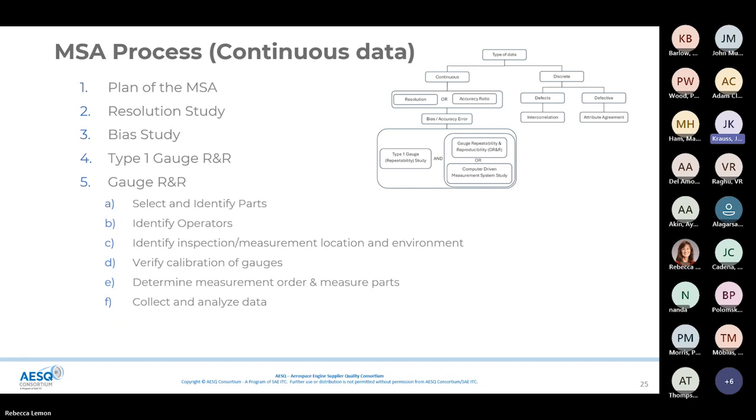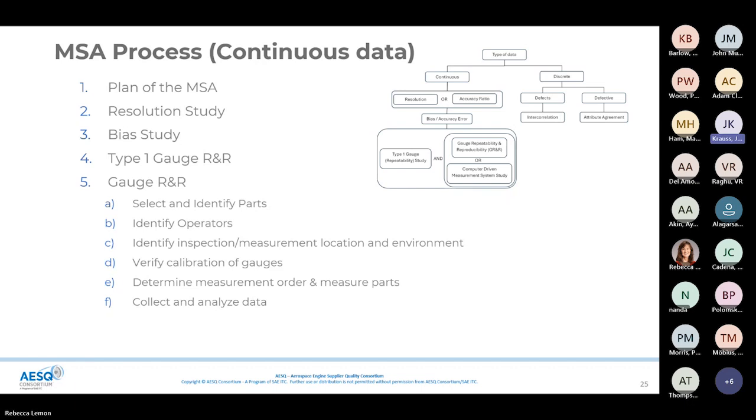So step one, the most important part of any MSA, is planning of it, making sure your operators are skilled, the gauge is the correct gauge, as Anna was stating earlier, the part variation that you need to conduct the study, and there's quite a few other factors that go into that. But planning is definitely the most important part. Item 2 is the resolution study, which Anna went over. Step 3 would then be the bias study.